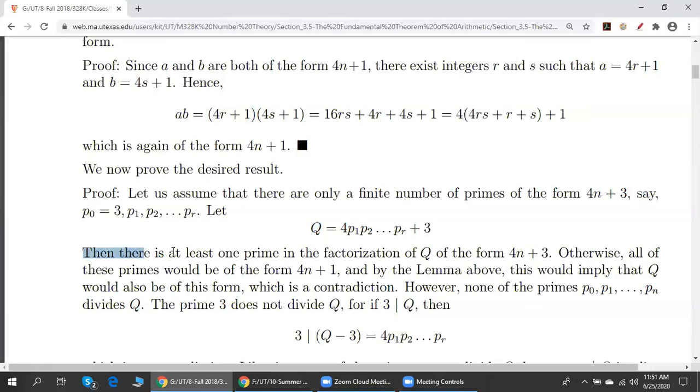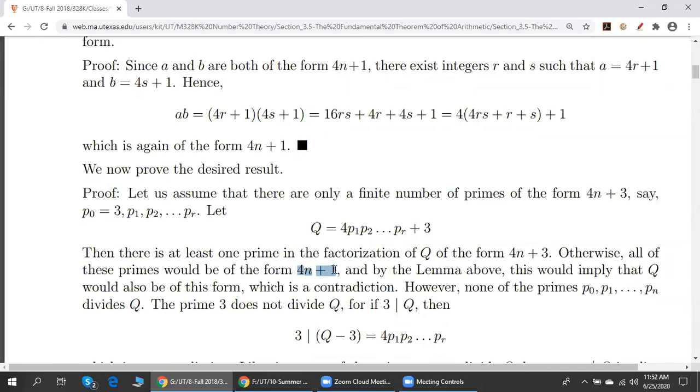Let us prove that there is at least one prime in the factorization of Q of the form 4n plus 3. We will prove it by contradiction. Suppose there are no prime factors of Q of the form 4n plus 3. This means that all prime factors of Q are of the form 4n plus 1.